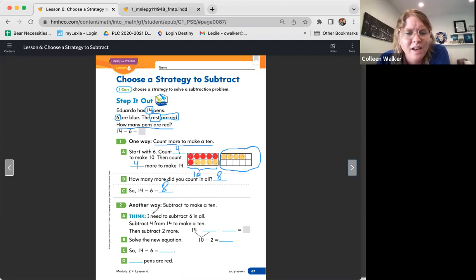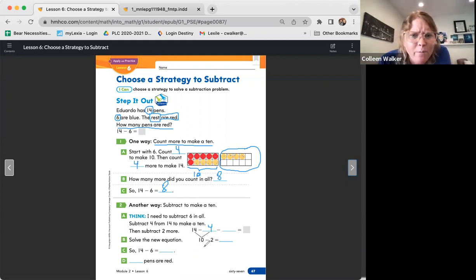It says we're going to subtract to make a 10. So I need to subtract 6 in all. But if I start by taking 4 away from 14, I will get a 10, right? Because we know that 14 minus 4 will give us 10.